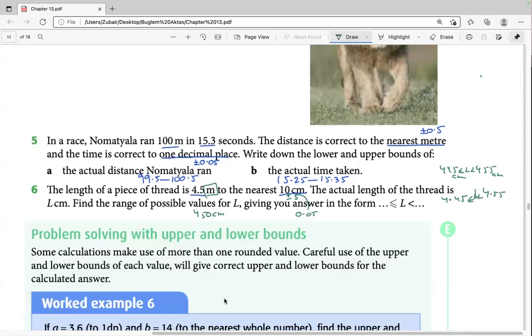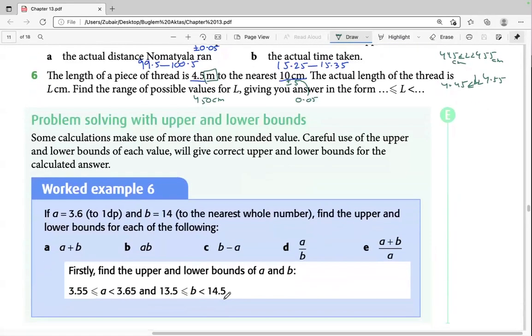Problem solving with upper and lower bounds. Okay, worked example. A is given to one decimal place, B is given to the nearest whole number. Find the upper and lower bound for each of the following. So A is one decimal place, that is 0.1, so we know plus or minus 0.05.